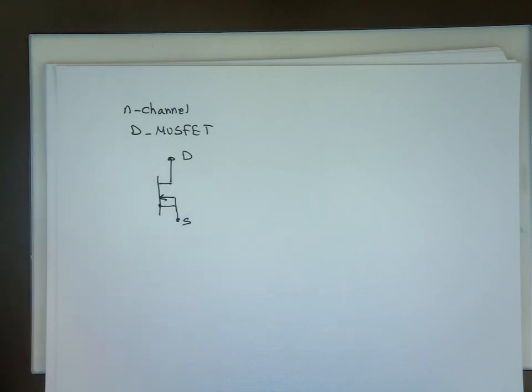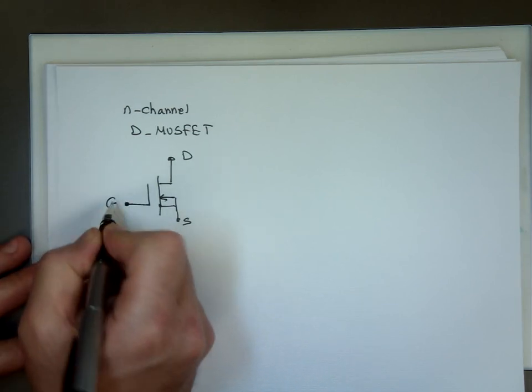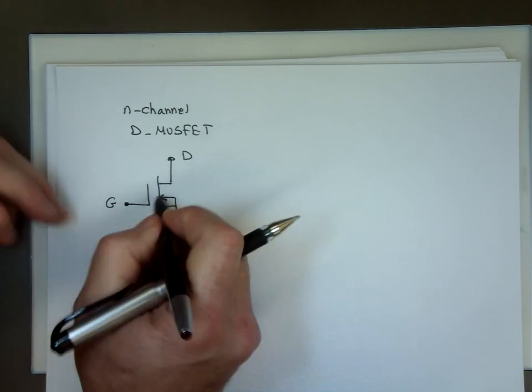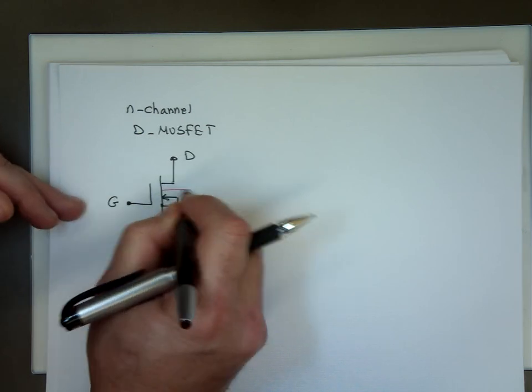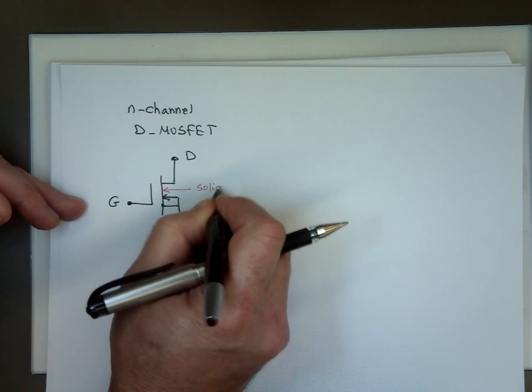And the gate is like this. Notice we used a solid line here, not a dotted line, to indicate it's on.